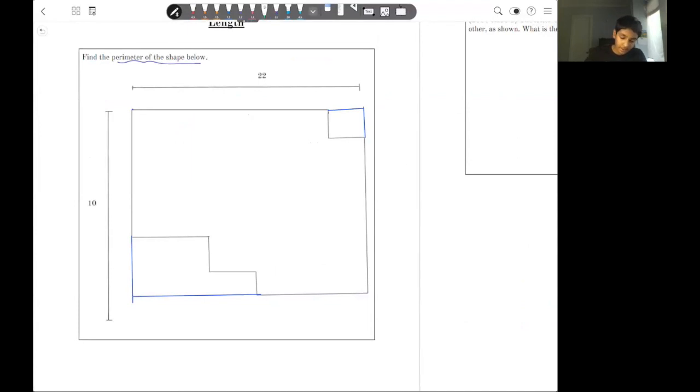So we have this awkward shape with a height of 10 and a base of 22. We can imagine the big rectangle that has a base of 22 and a height of 10. What we notice is that the perimeter of this shape, so let me try to mark it out.